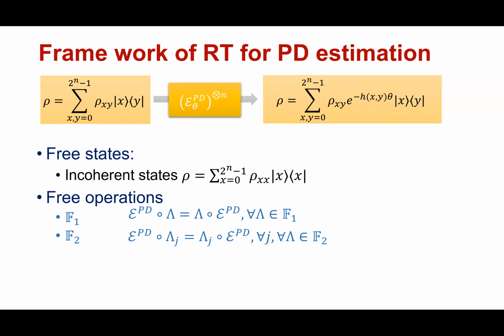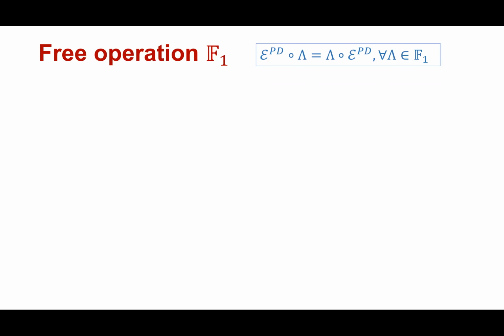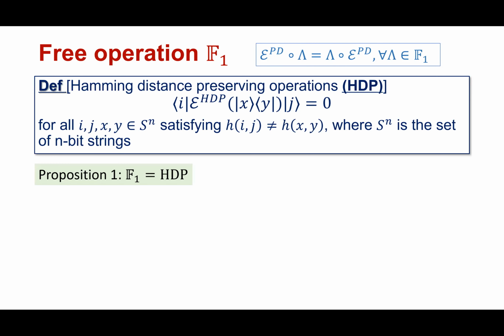And the second one is that they selectively commute with the phase damping channel. For the first type, we can give its explicit form. We prove that it is the Hamming distance preserving channel, which is defined as this.